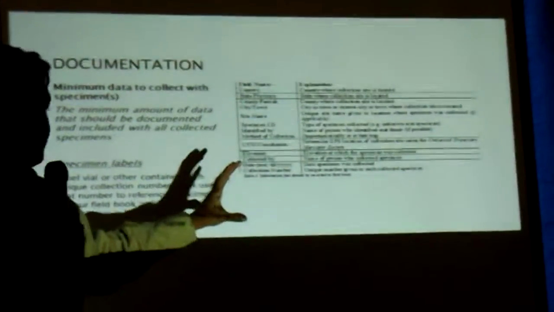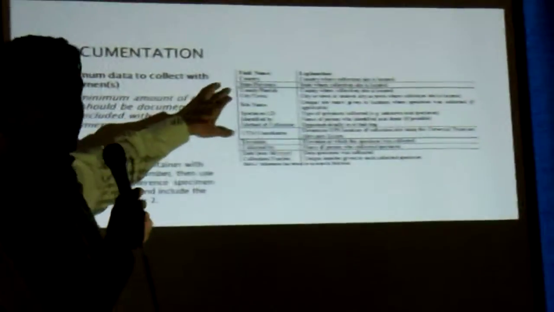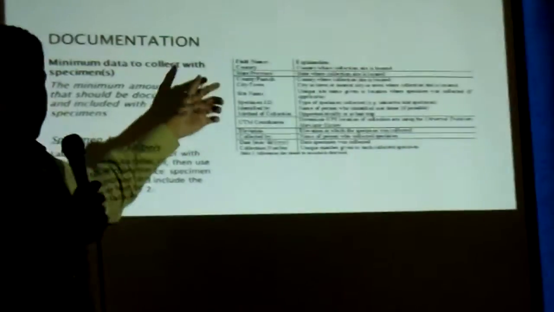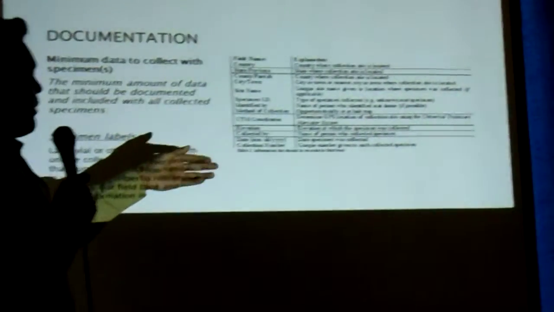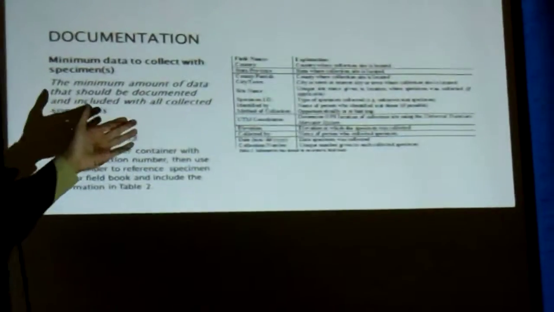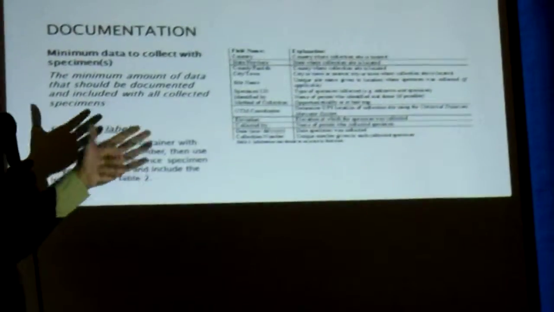On here, you can make a label or a card, or write this in your field book, where you get down the country, United States, Canada, the state or province, the city or town that it's nearest by, the site name, if you have a particular research area and you've given it a designation, specimen ID, if one can be made. Obviously, don't put Sasquatch because you don't know, right?